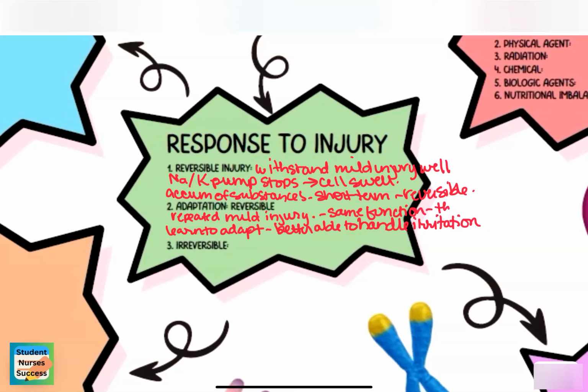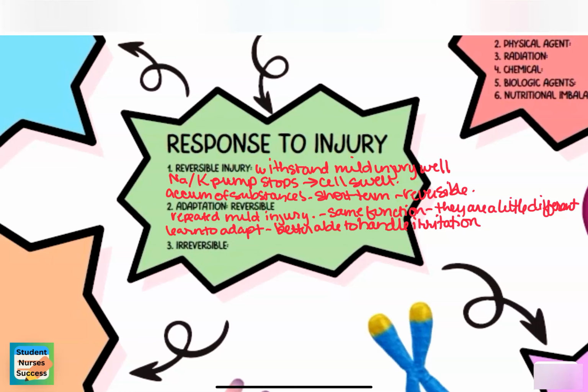However, they are a little different. They're a little changed. If you remove whatever's causing the injury, maybe you stop smoking, the actual cells will go back to normal again. So this adaptation piece can be completely reversible.